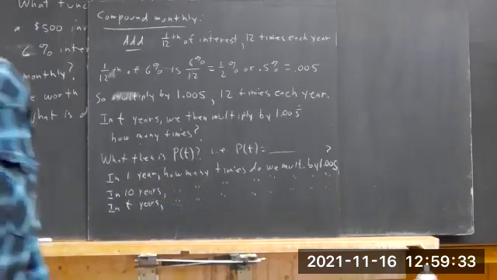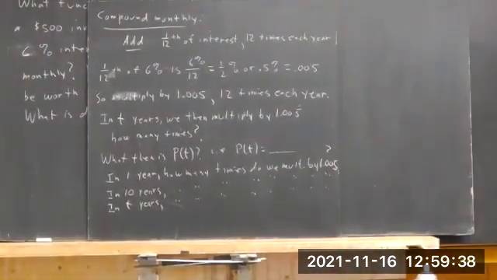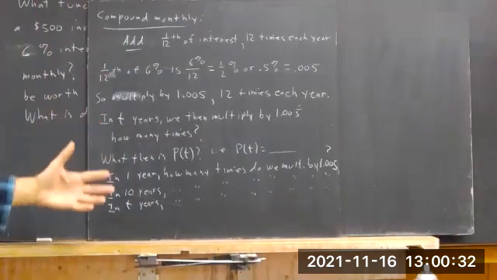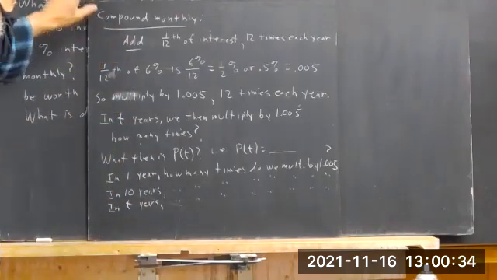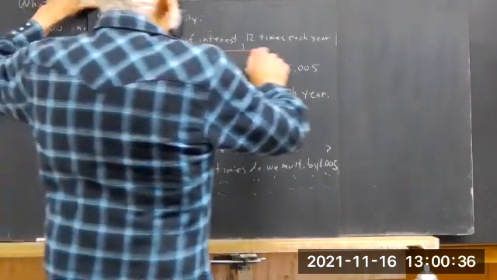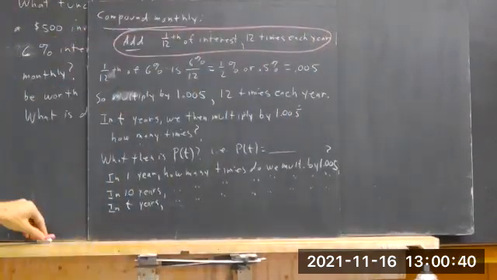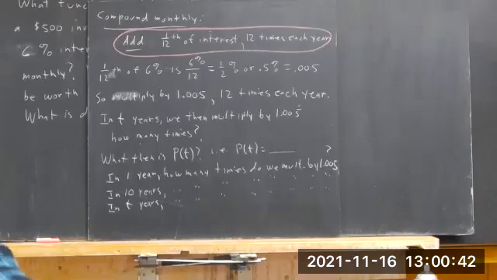Okay. The essence of this whole development is right here. We add 1/12 interest 12 times each year. That's what it means to compound monthly. So again, see if you can answer the two questions.